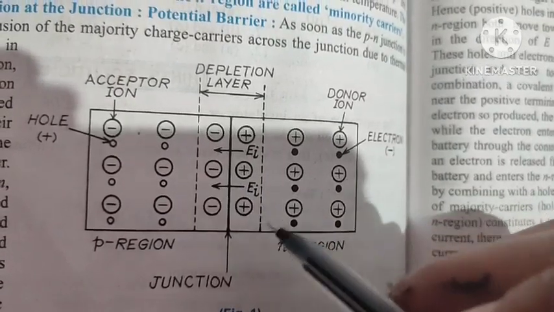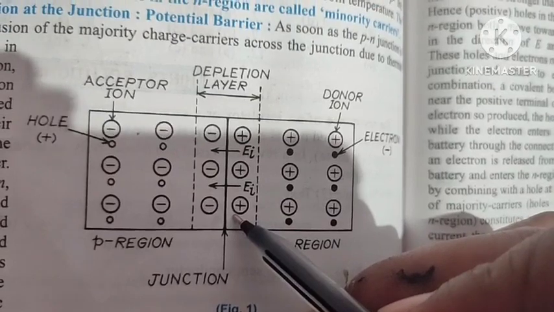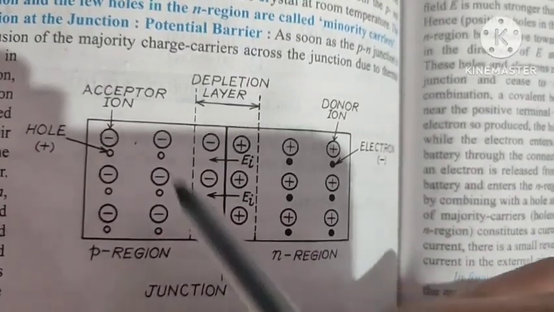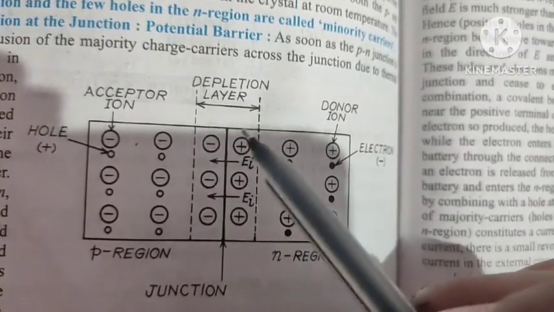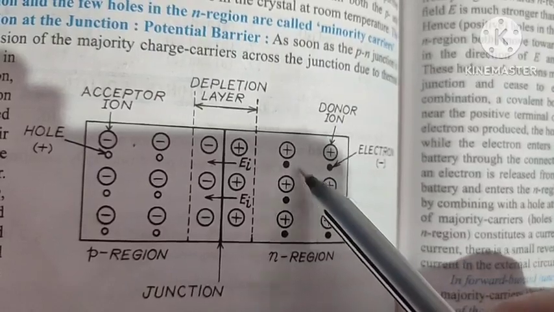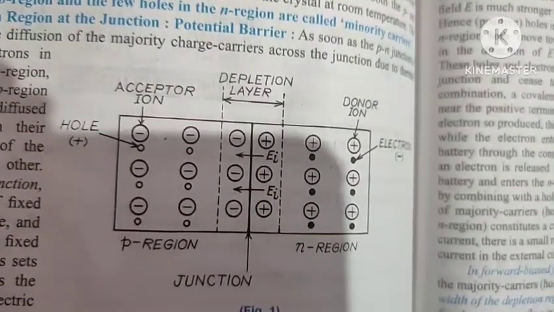So after the equilibrium electric field is set up, there is no diffusion of the majority charge carriers but there is diffusion of minority charge carriers, because they will be attracted by the opposite charges.